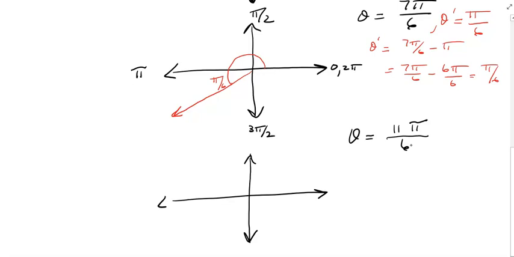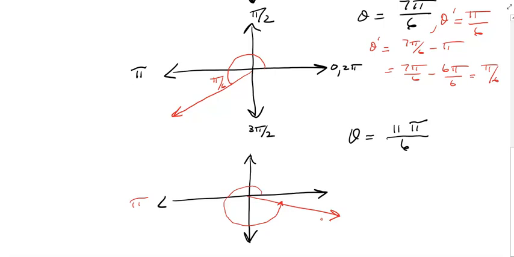So if you were doing 11 pi over 6, well, we know 6 pi over 6 gets us to here. 11 pi over 6 is really close to 12 pi over 6. 12 pi over 6 gets us all the way around. 11 pi over 6 is going to be just short of that.